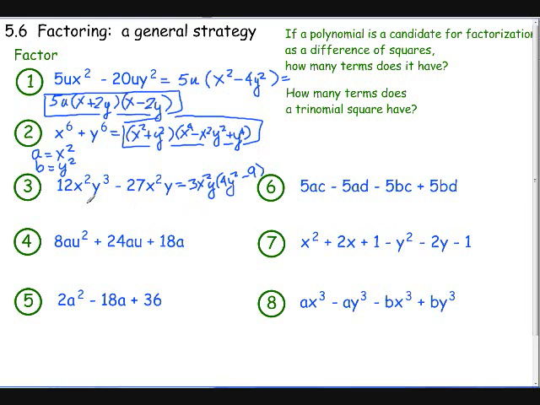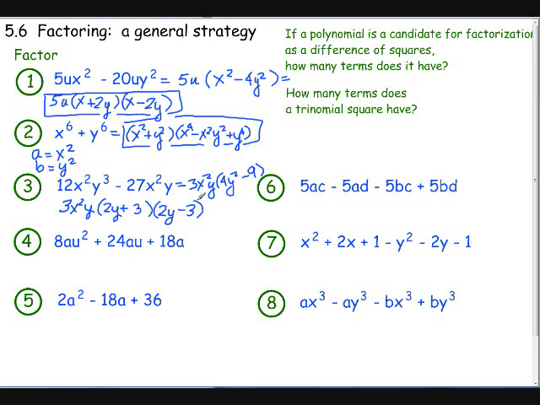So, does that look right to you? We get 3x squared y times, and I see a difference of squares there, don't you? 2y plus 3 and a minus 3.